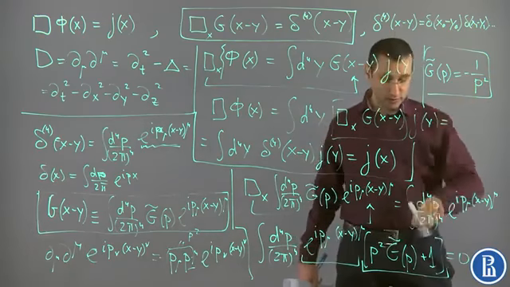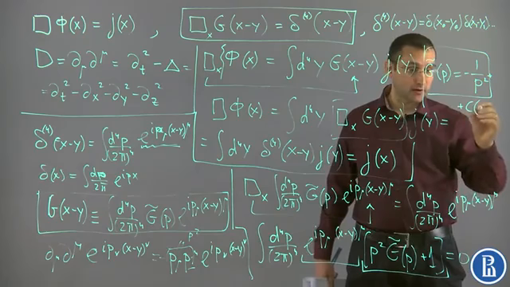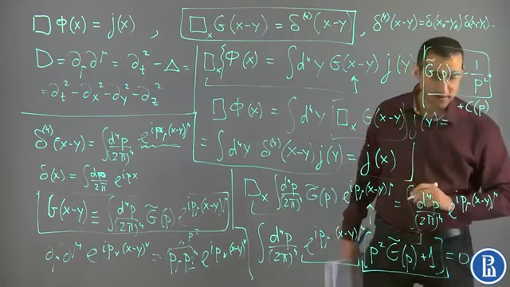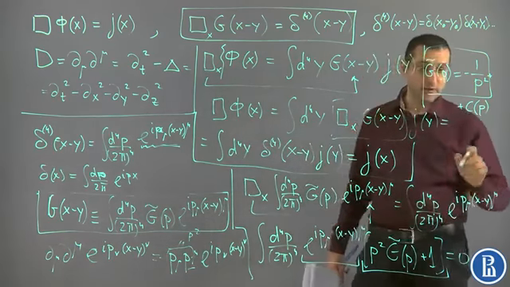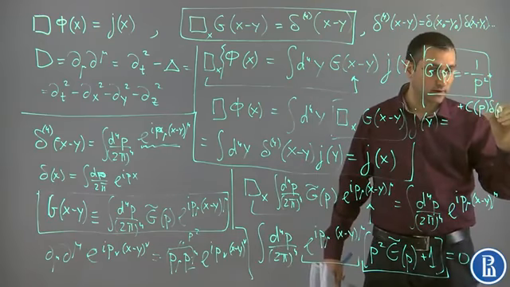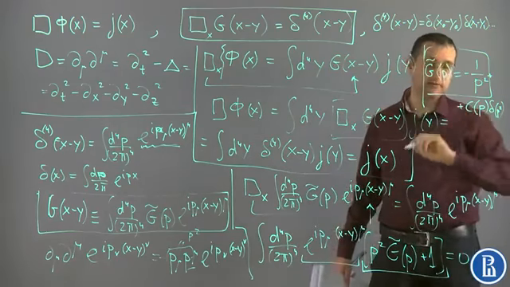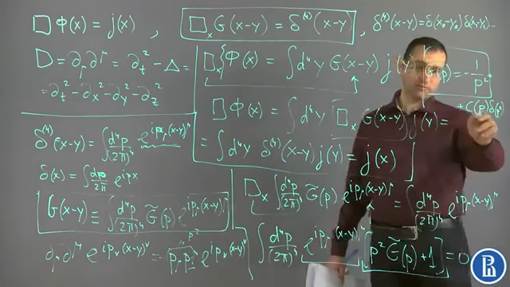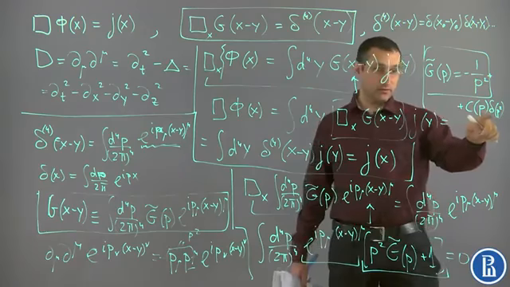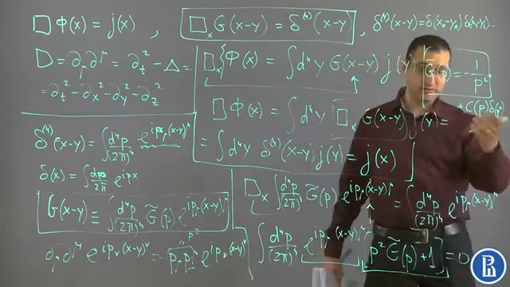This is a solution of this up to the addition of some function c(p), which when multiplied by delta of p squared, for any smooth function of p, because you see delta of p squared multiplied by p squared is just 0.